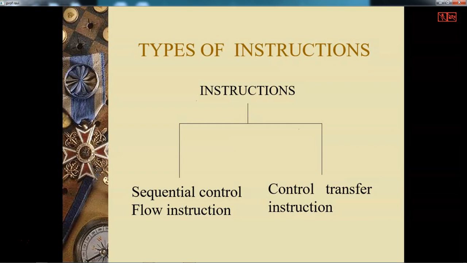When the processor executes one instruction, the next instruction will be executed after that instruction, so the control goes to the next instruction in the memory. But sometimes you perform a jump operation: if there is no carry, then do this; if there is a carry, then do this. For those kinds of applications you use jump instructions. The moment it is a jump instruction, the control is transferred to somewhere else in the memory. That's why they are divided into two.